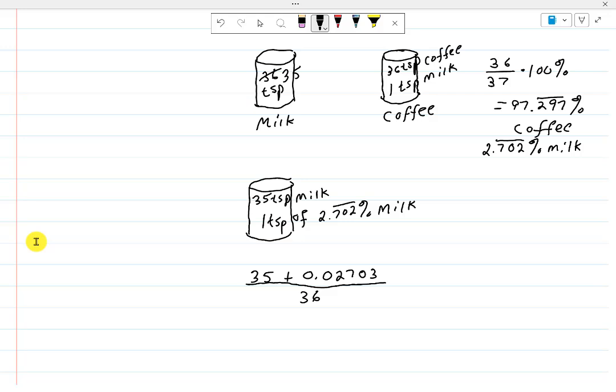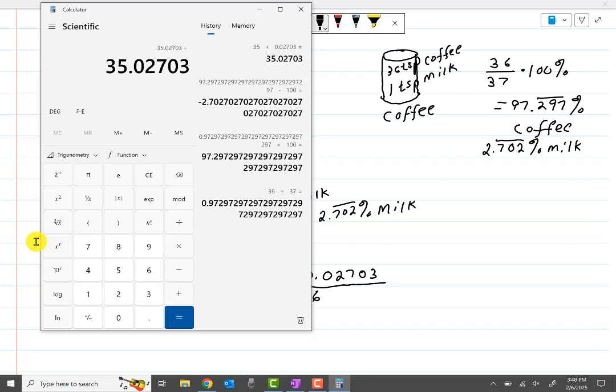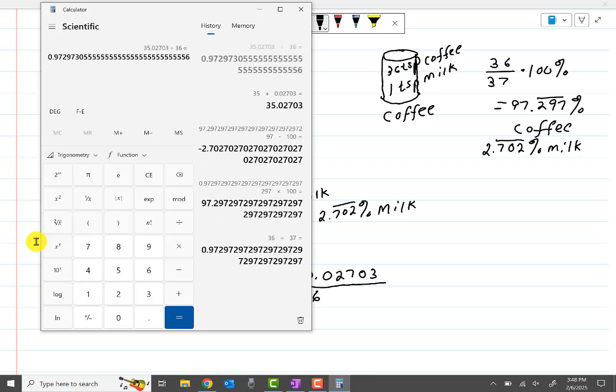So let me go and do these calculations on my calculator. We have 35 plus 0.02703. So let me equal that. And I'm going to divide that by 36. And then I'm going to multiply it by 100, just like I did before.